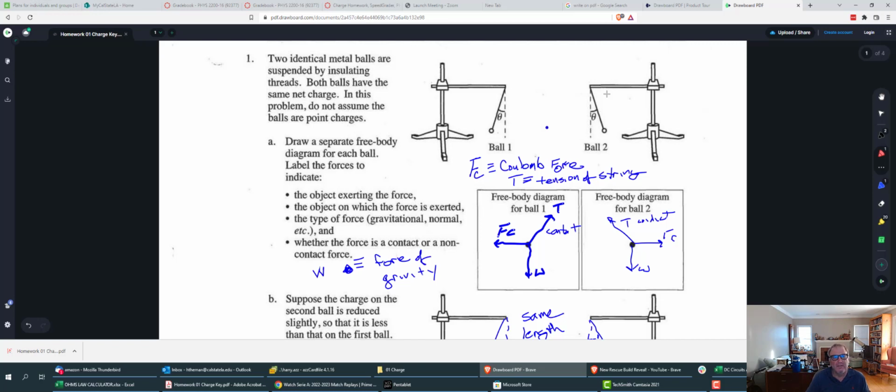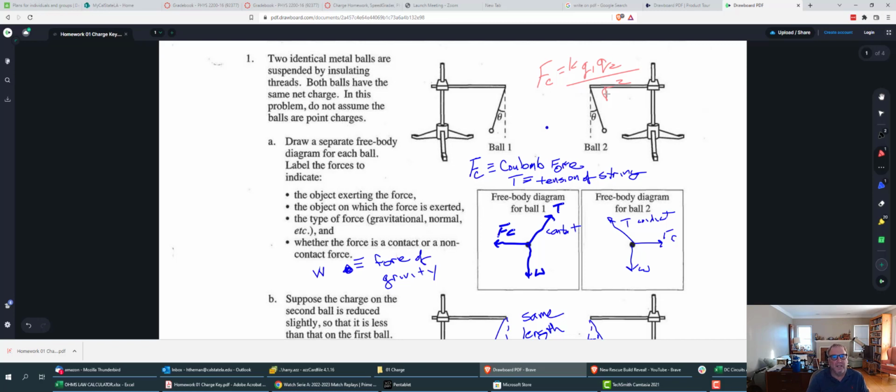And so the F Coulomb is whatever it is. You have the two amounts of charge, because remember, F Coulomb equals kQ1Q2 over the distance between them. So it doesn't matter what the actual charge on each one is.